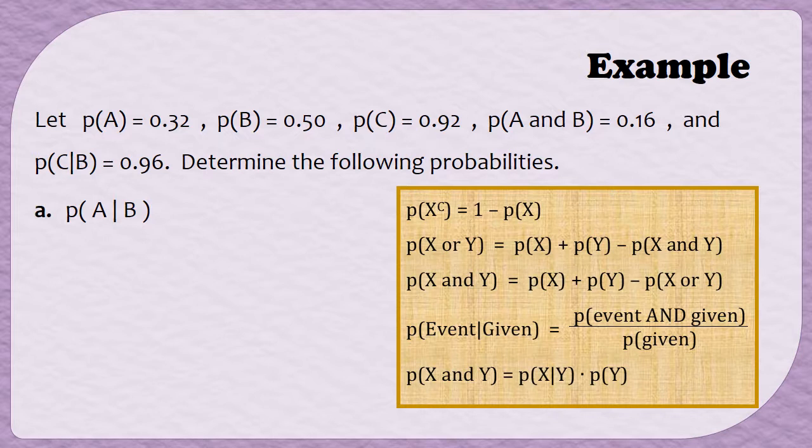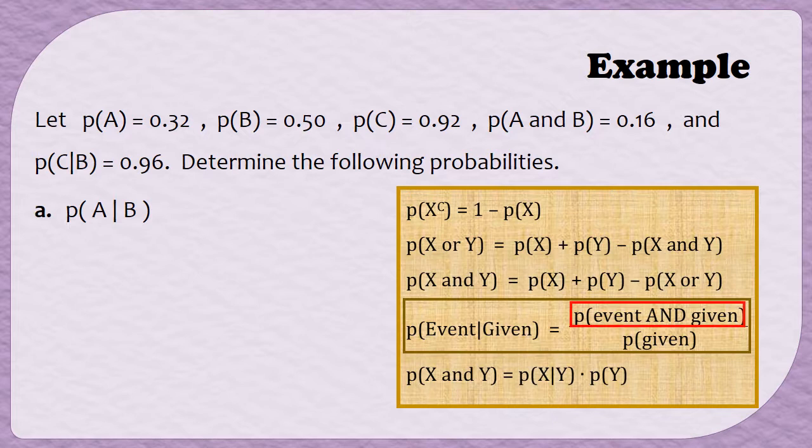So for part A, we need to find the probability of A given B. When I look at my list of formulas, I need to find the one that says the probability of a conditional. And that's going to be the fourth formula in the list. We have the probability of an event given a given. So when I look at my formula, the numerator is the probability of the event and the given.